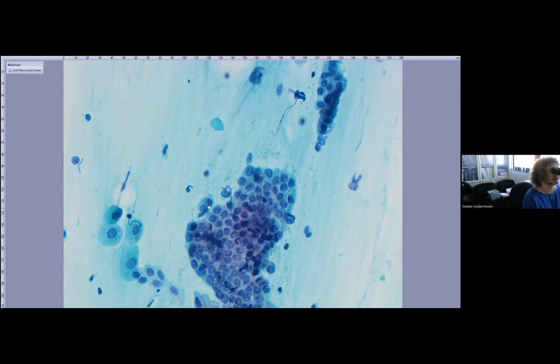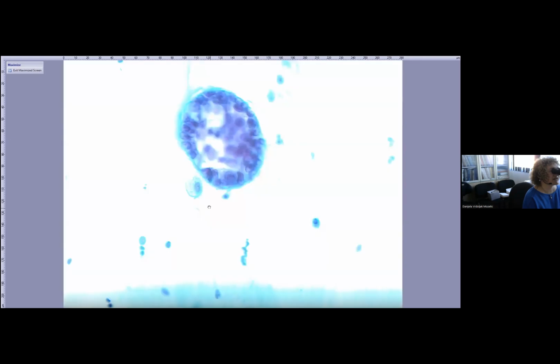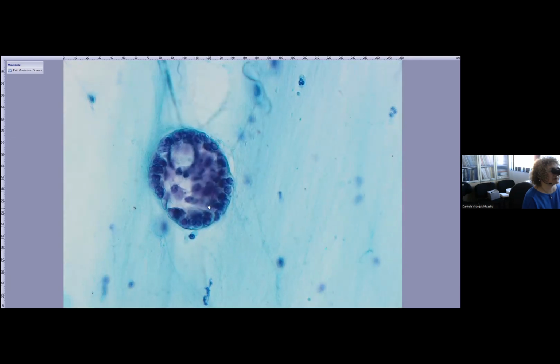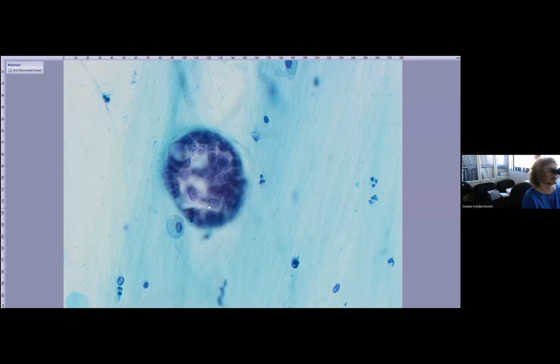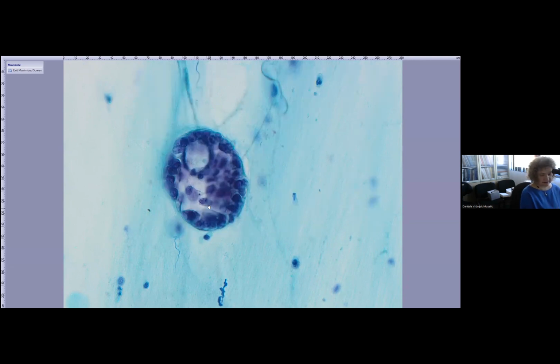And suddenly here you have this round ball cluster with not so large cells, but with the nucleoli. So we reported it as atypical glandular cells and ordered further workup. So this was the only thing in the pap cells. So now acidic fluid.